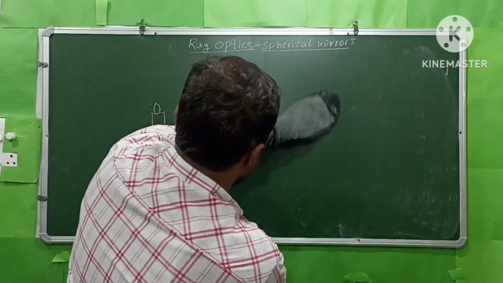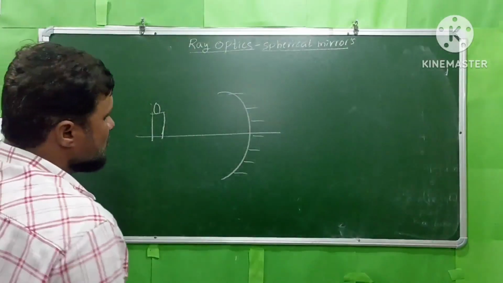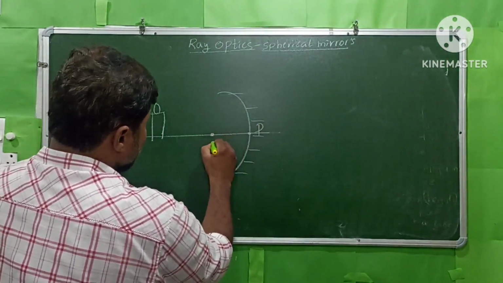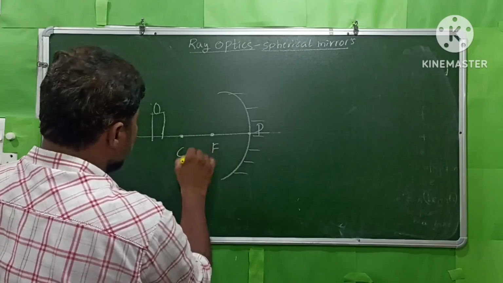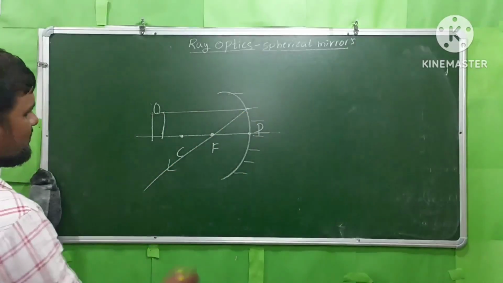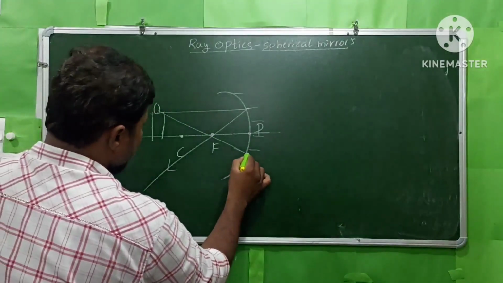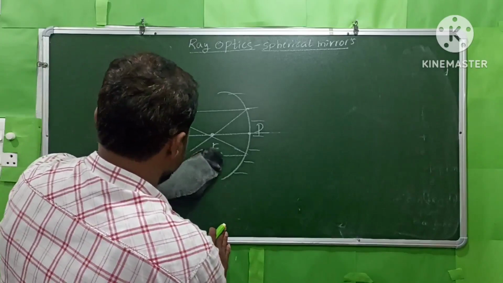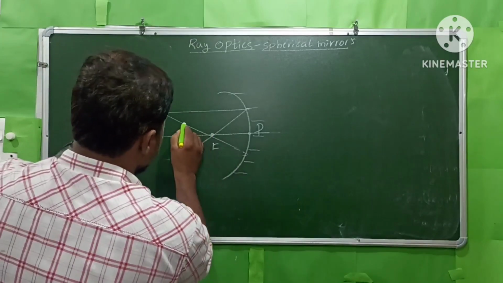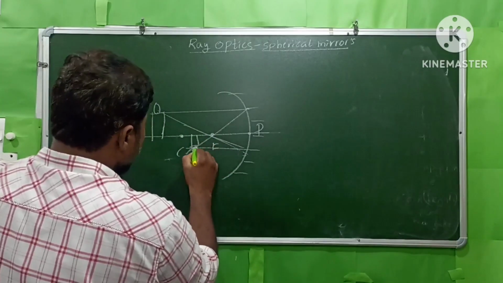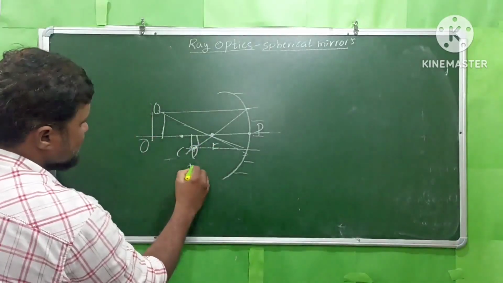I will draw in case of concave mirror and convex mirror also, don't worry. Pole, focus, center of curvature. Ray travels through focus, and parallel to principal axis, it will move. Suppose I got image, this is object, this is image.